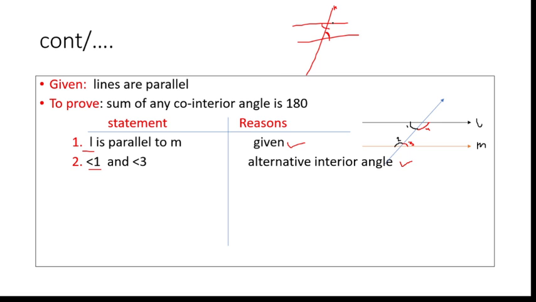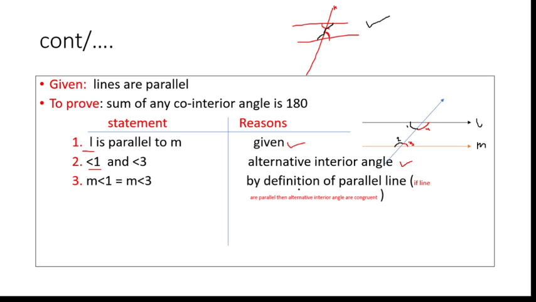Similarly, this black angle is an alternate interior angle to this angle. According to the parallel lines theorem, if two lines are parallel, then their alternate interior angles are equal. So by the parallel lines theorem, we can say that angle 1 is equal to angle 3, because these two alternate interior angles are congruent.